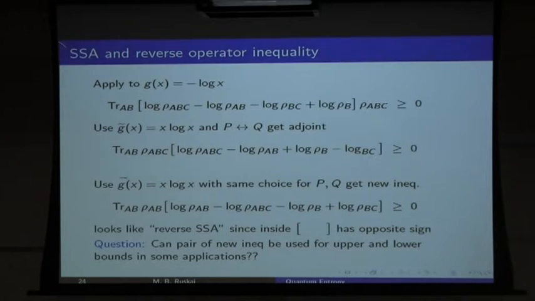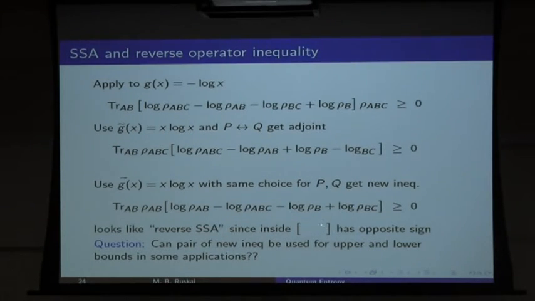If I use x log x, but don't switch P and Q, I get a new inequality. And it's a strange inequality because if you look at what's in the square brackets, it's the same. Here I have plus log rho_ABC, here I have minus. The two square brackets are exactly the same except that they have the opposite sign.